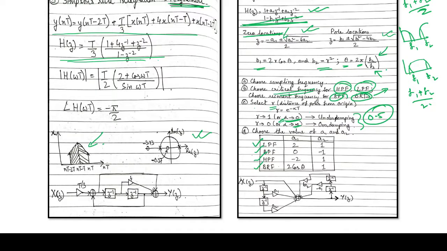Then choose the values of A1 and A2. For a low pass filter, A1 and A2 are fixed.